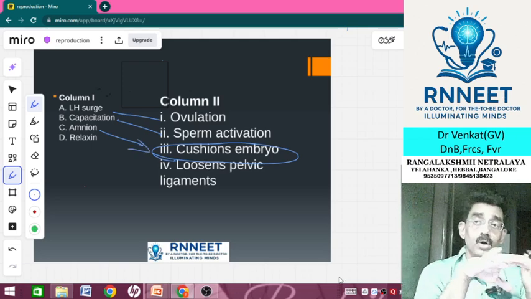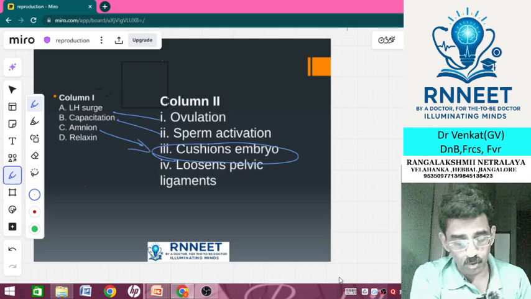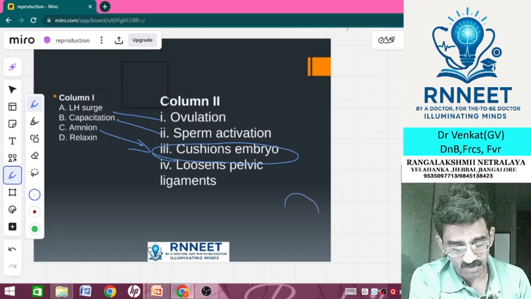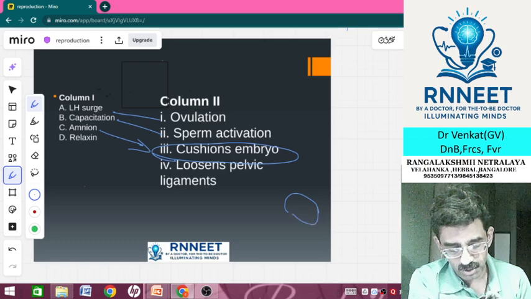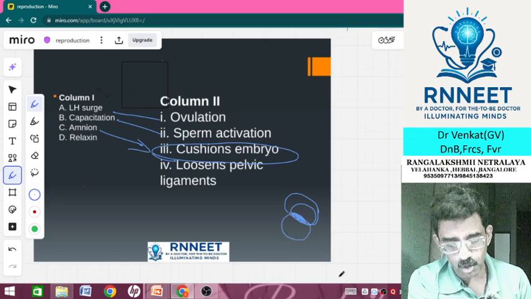It produces the amniotic cavity, and you know that as the embryo develops, initially you have the inner cell mass, and the upper portion becomes the amnion, the lower portion becomes the yolk sac.